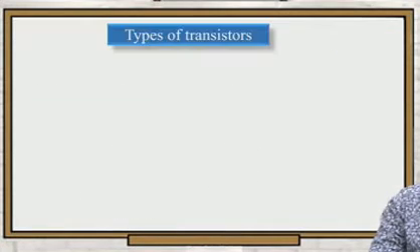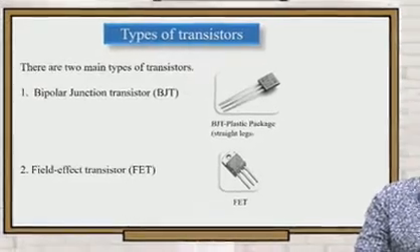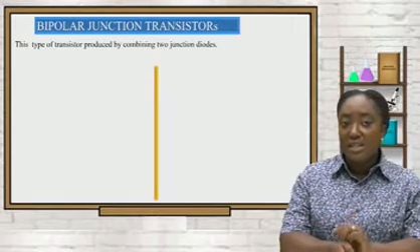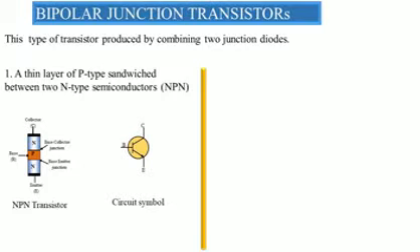Types of transistors. There are two main types of transistors, namely the bipolar junction or BJT transistor and the field effect or FET transistor. For the purpose of today's lesson, we'll be looking at the bipolar junction transistor. The bipolar junction transistor is a transistor that is produced by combining two junction diodes.